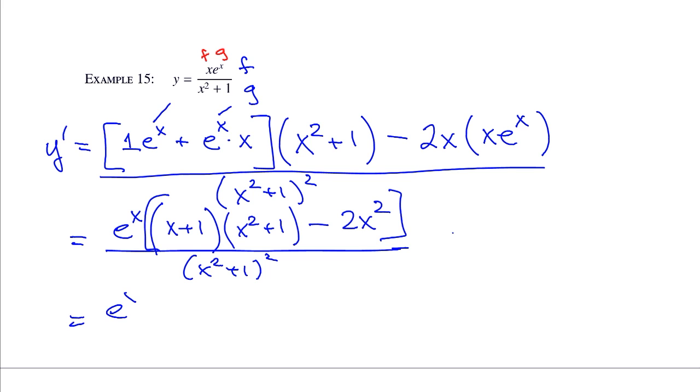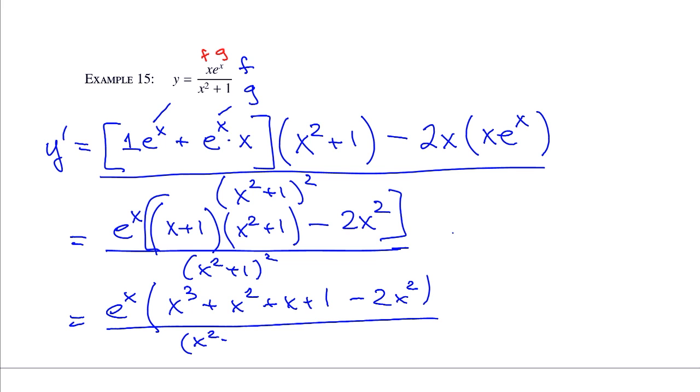So it's e to the x times x cubed plus x squared plus x plus 1 minus 2x squared over x squared plus 1. And so that would be e to the x times, so what do we have here? X cubed minus x squared plus x plus 1.